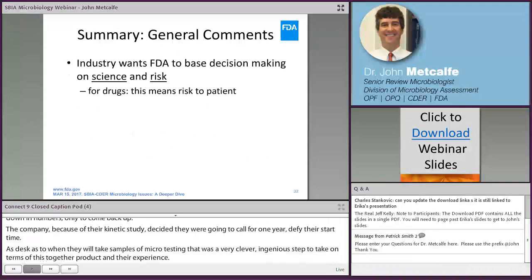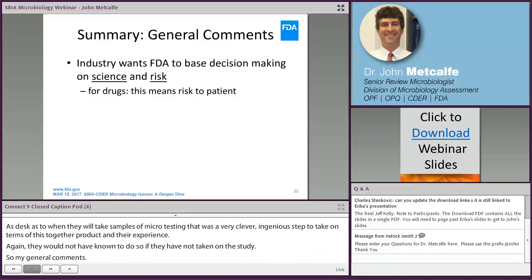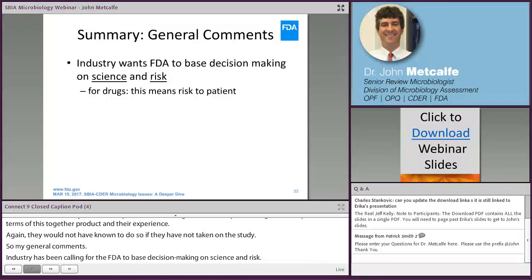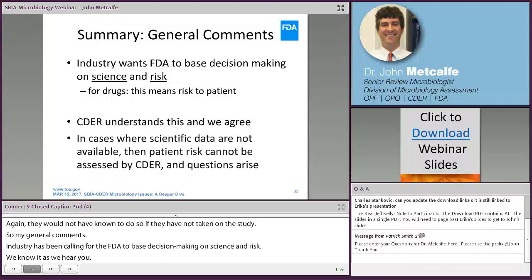So my general comments. Industry has been calling for FDA to base our decision-making on science and risk. We know that. We hear you. In terms of drugs, this means, of course, risk to patients. We understand and we agree.